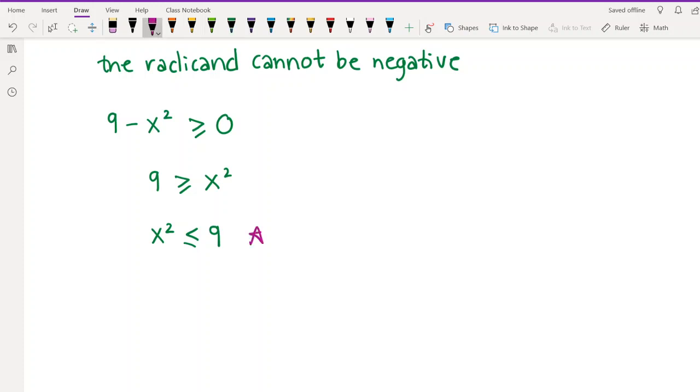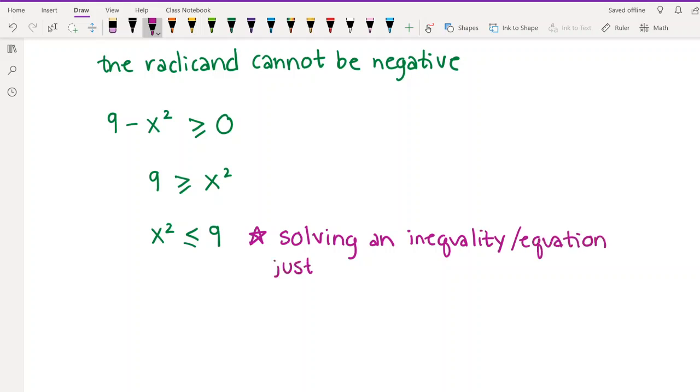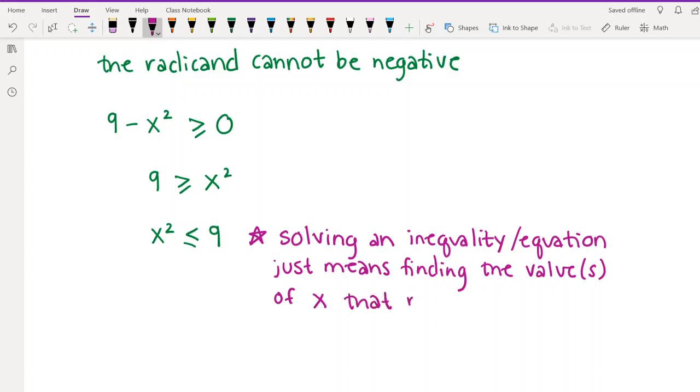Solving an inequality or equation, at the end of the day, really just means finding the value or values of x that make the equation or inequality true.